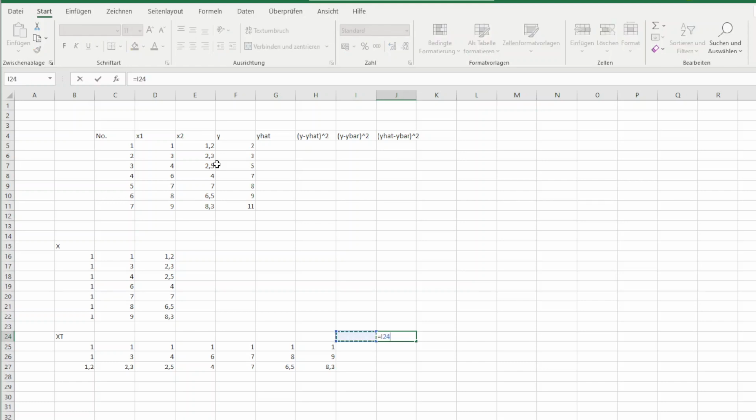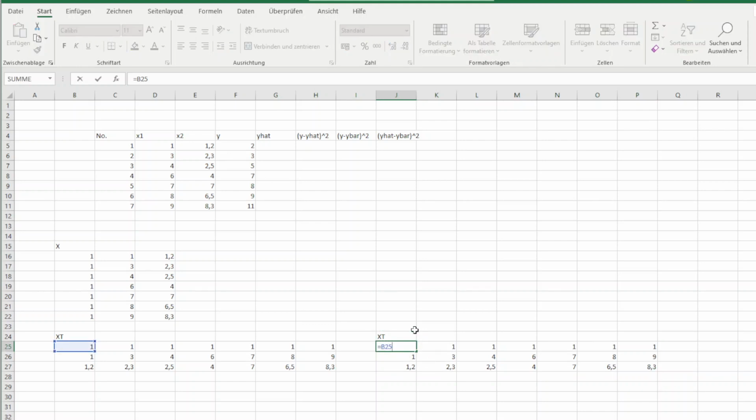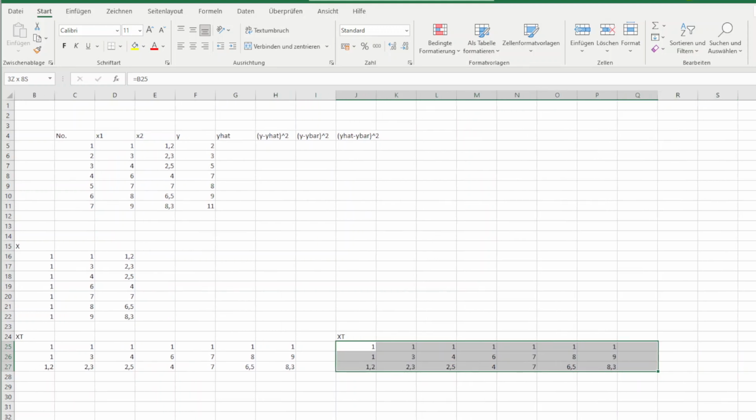So this equals this, and then 1, 2, 3, 4, 5, 6, 7 down here. And now I have no problems when I further on have to read in the data of x and x2 if I use this one.